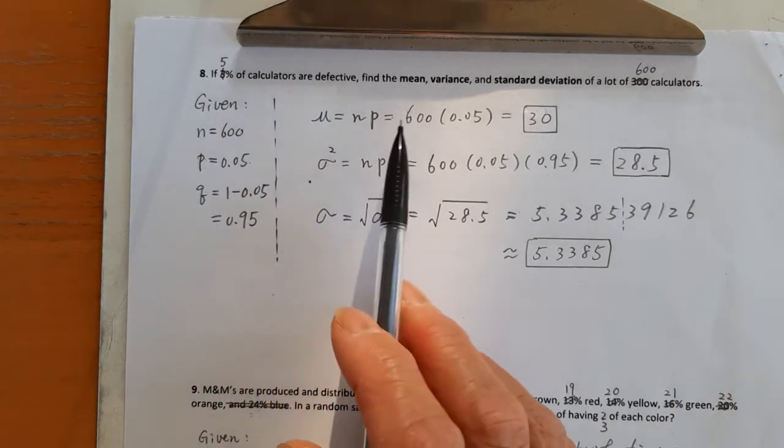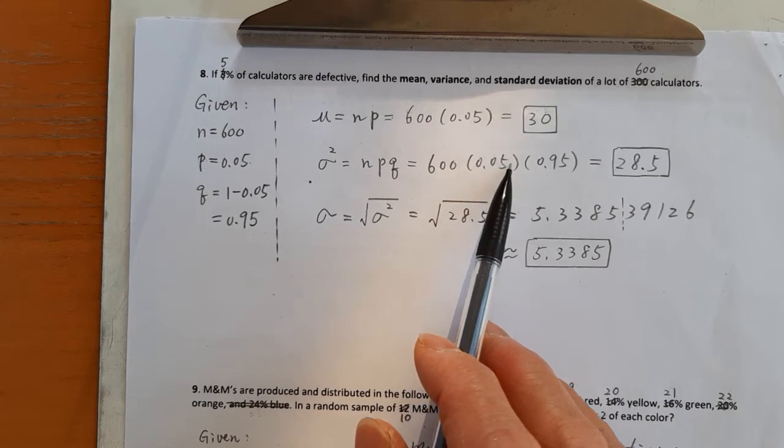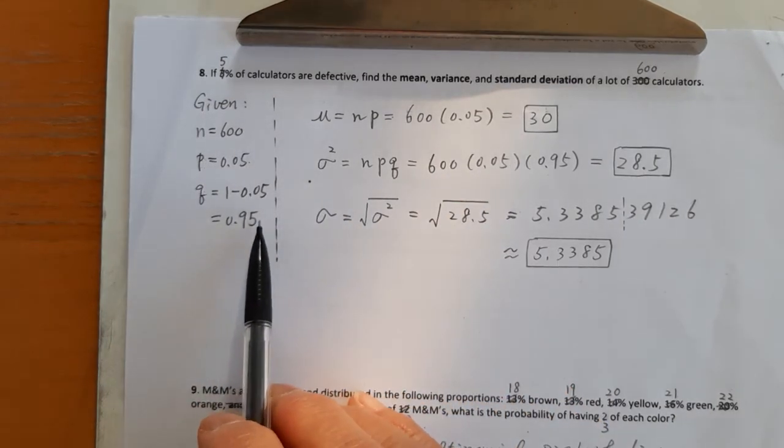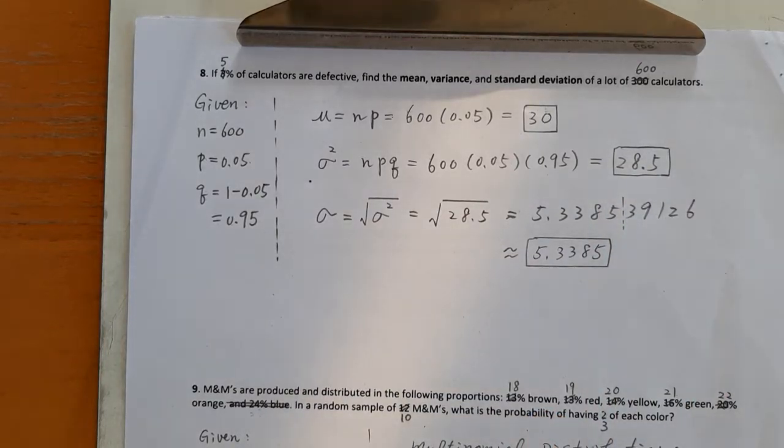And the variance is npq. n is 600, p is 0.05, q is 0.95, times together is 28.5 calculators variance.